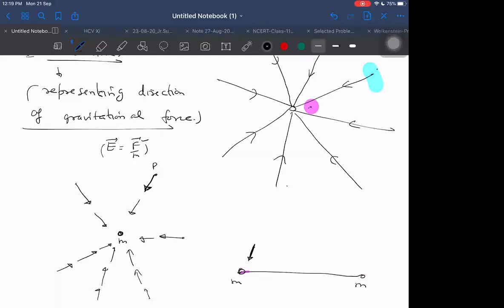It will be like the resultant of two forces: one this side, the other towards the other mass, and the resultant will be in some other direction like this. I will be drawing the resultant only. So I think you can get the idea that the resultant will be like this, this way, this way, this way.